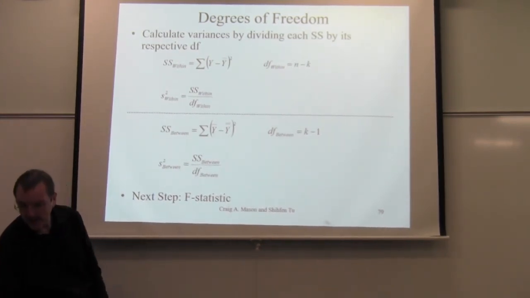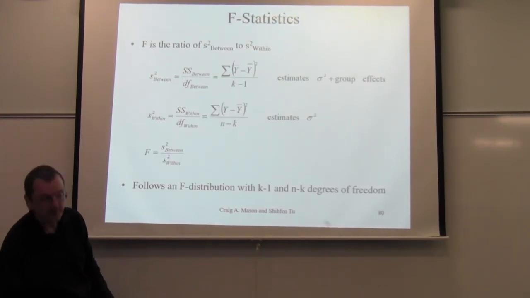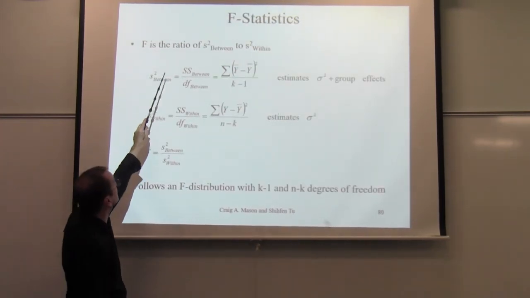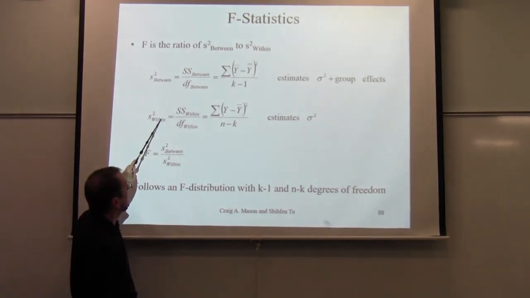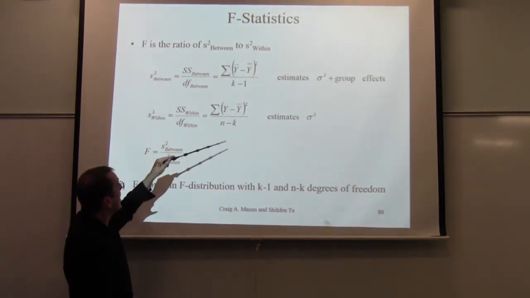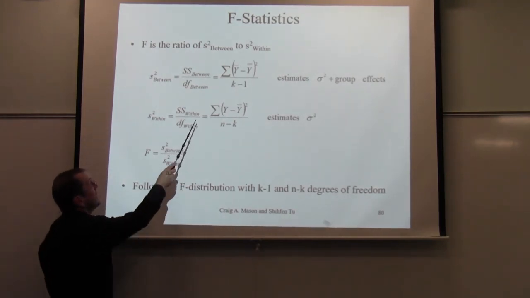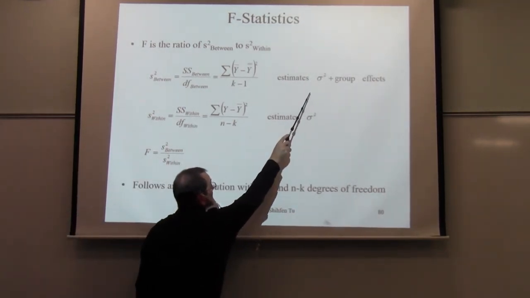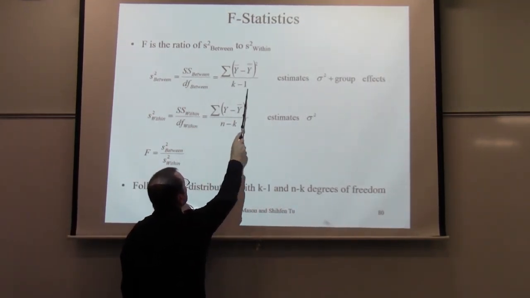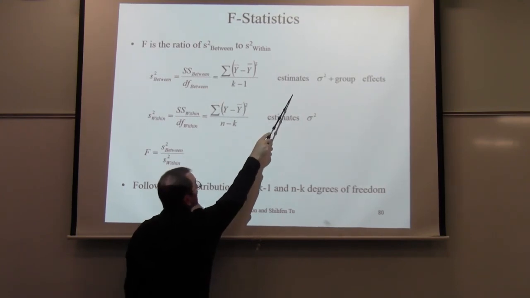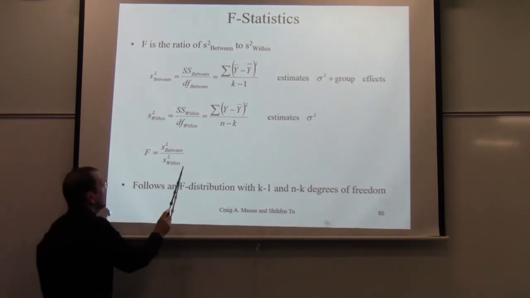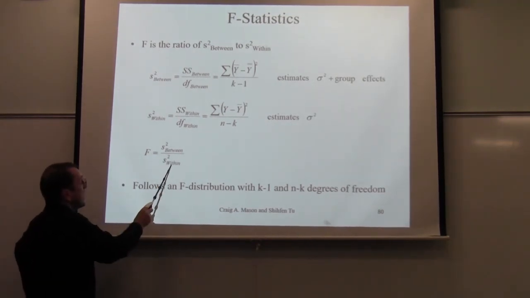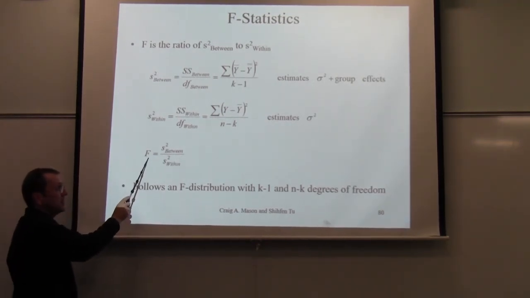We then take that to calculate our f. As we saw before, variance between estimates sigma squared plus group effect, and variance within estimates sigma squared. Variance between divided by variance within is our f.